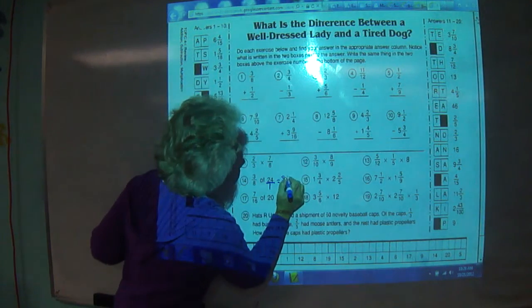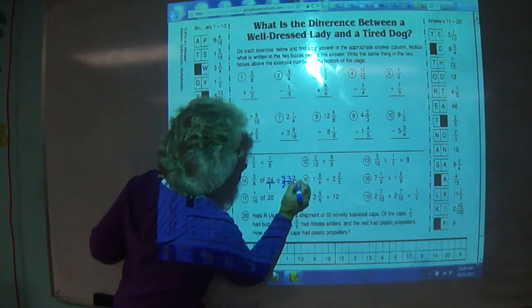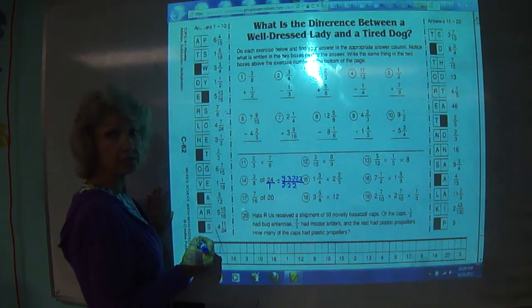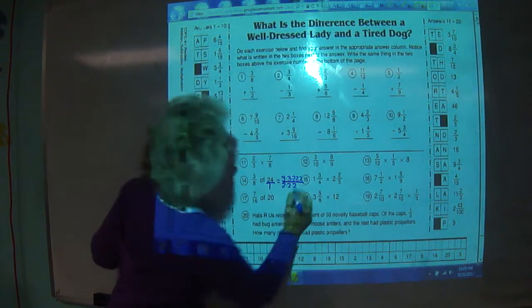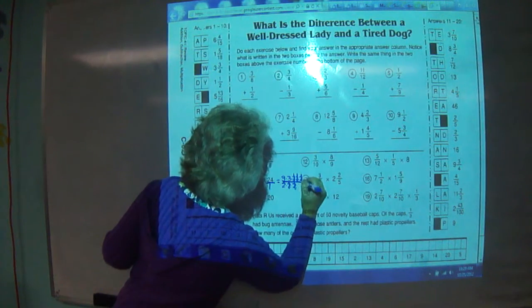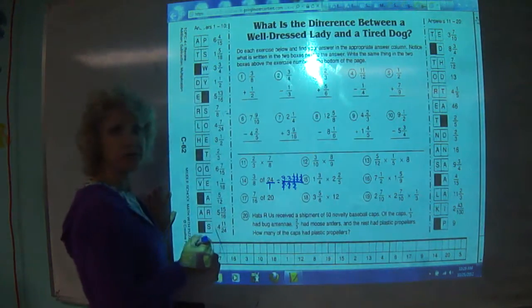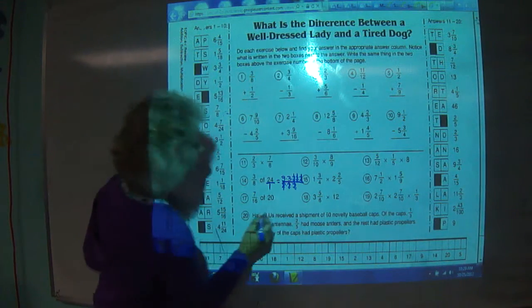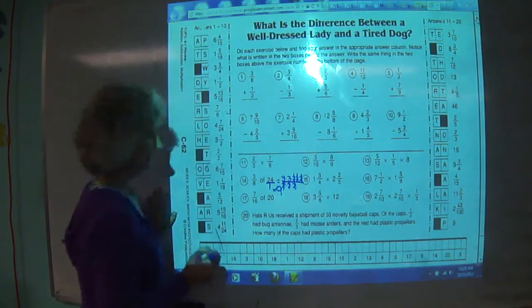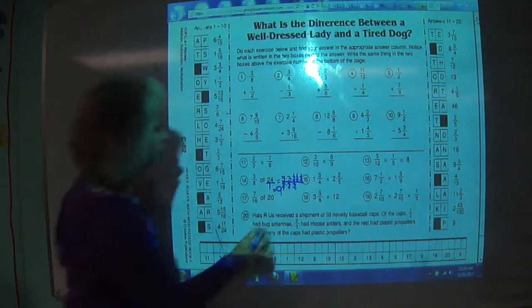So 3 times 2 times 2 times 2. We good so far? See any big ones? Yeah, there's a pair of 2s here, a 2 that's a big one. So what's your answer? Just 3 times 3, which equals 9. Okay? So 9 is your answer.